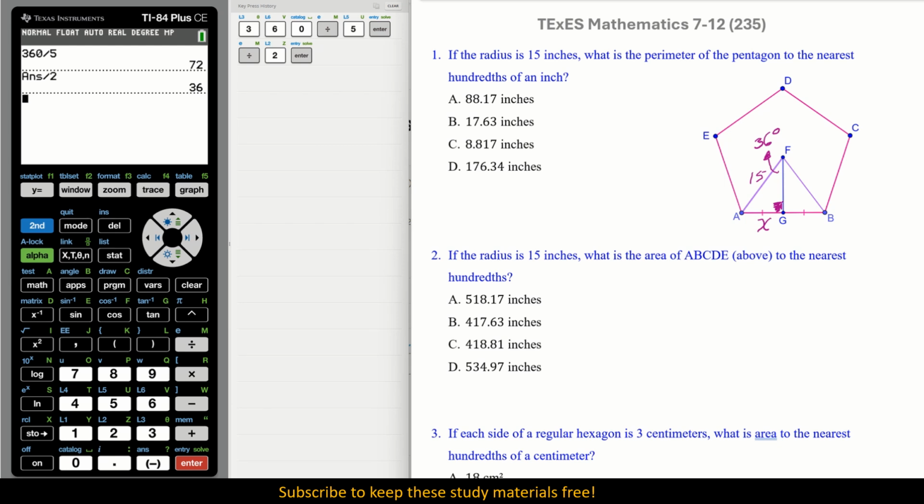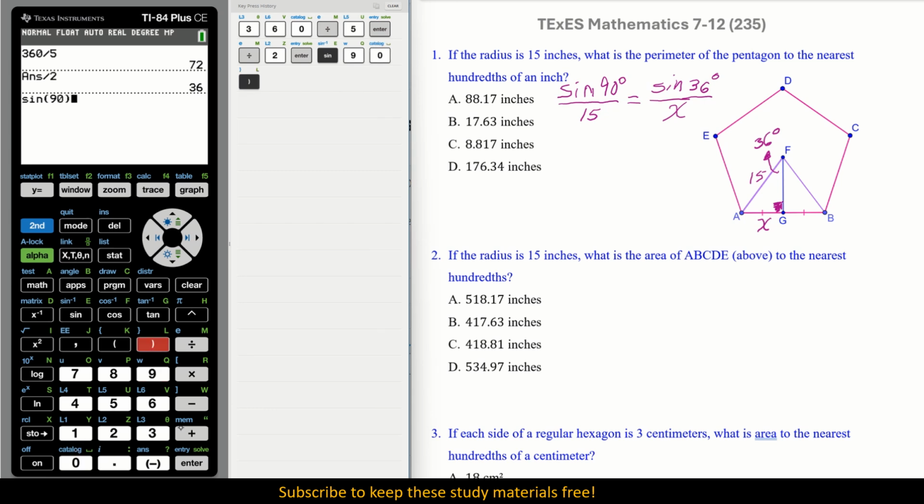So what I'm going to utilize is the fact that we have sine of 90 degrees over 15 is equal to sine of 36 degrees over x. Now, there's something great going on here. If I put sine of 90 degrees in my calculator, it equals 1.